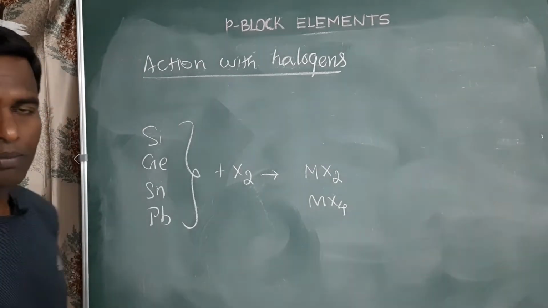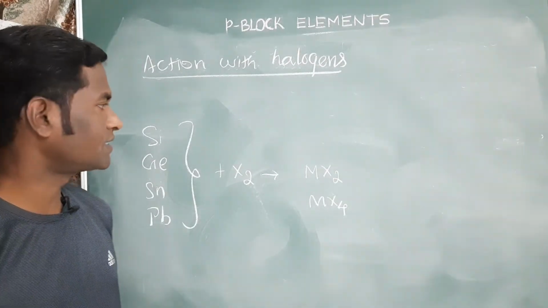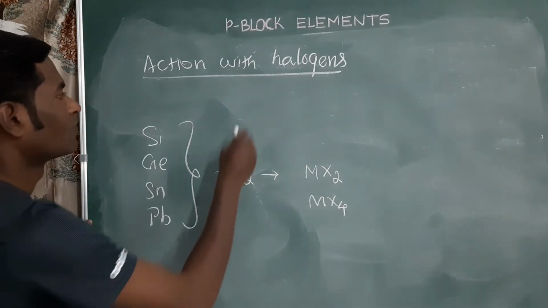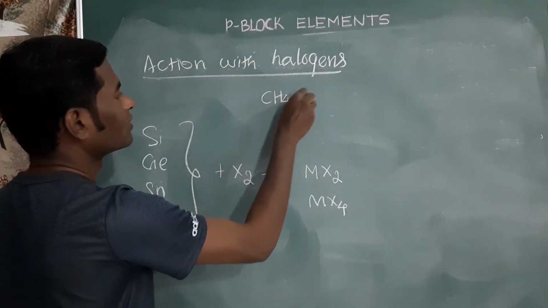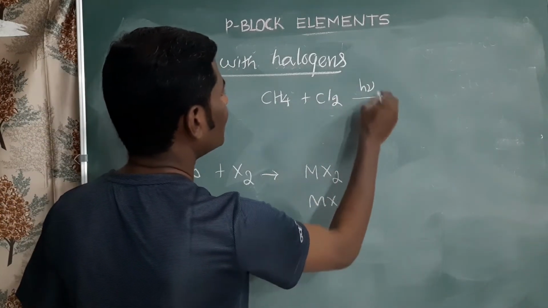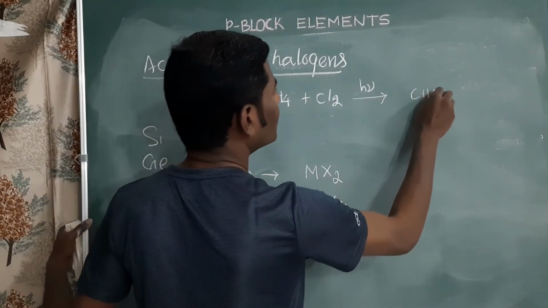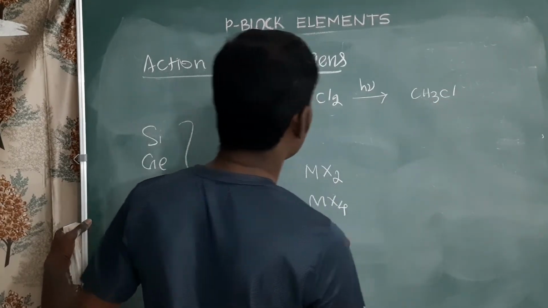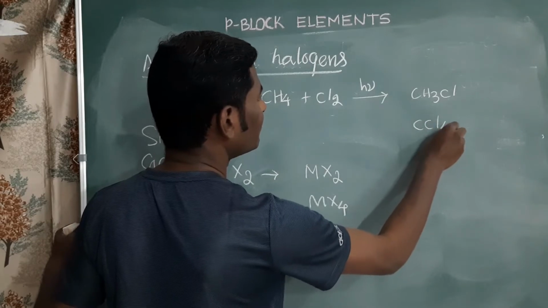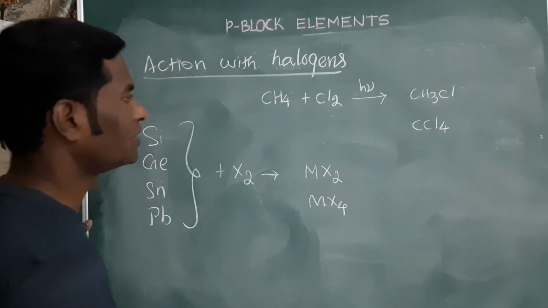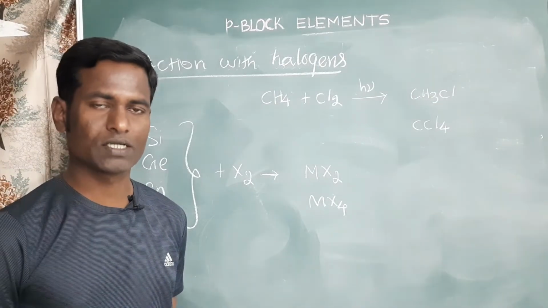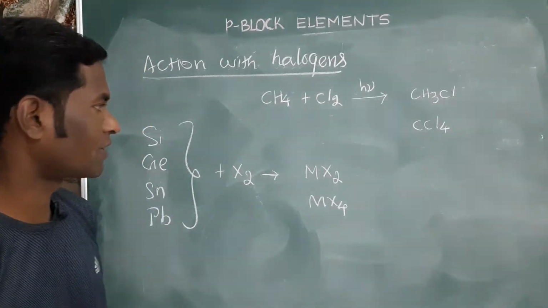Carbon does not react with halogens directly, but we can prepare carbon halides by reacting chlorine with methane in the presence of light, to get chloromethane. Like this, all four hydrogens can be replaced by chlorine. Finally, we get tetrachloromethane in the presence of light.